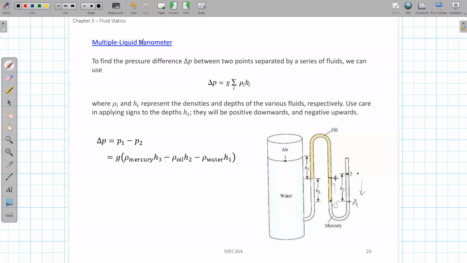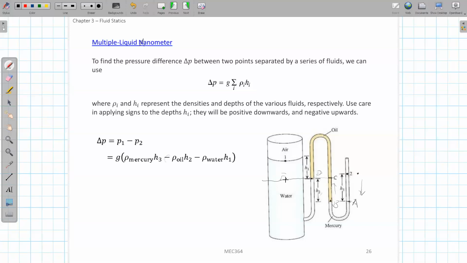Now you know the pressure at point C, and point C is at the same level as point D, so you just draw a horizontal line. Similarly, D is also equal to point E. C, D and E are at the same level, so they have the same pressure.